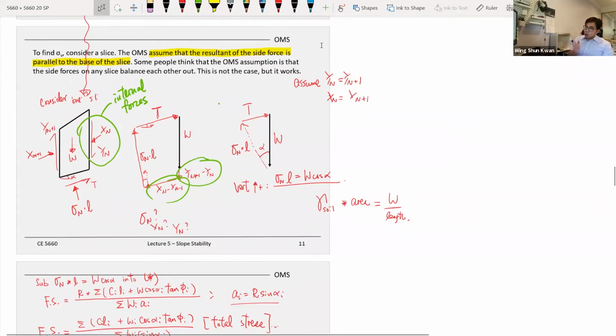That requires you to chop the slope as fine as possible, such that the forces are so close to each other that the internal forces are about the same.